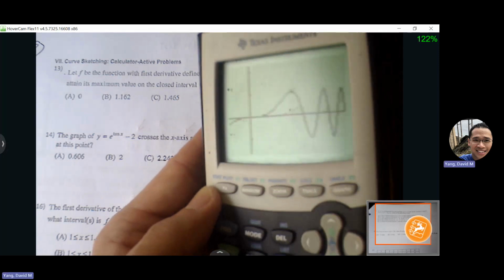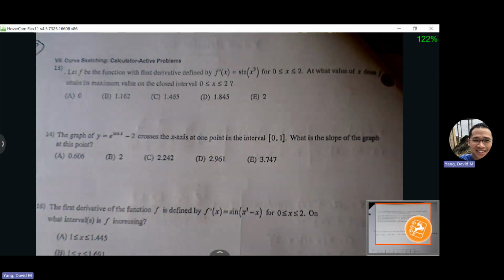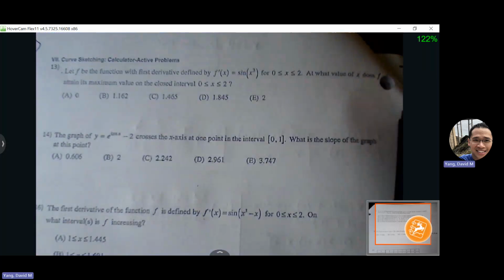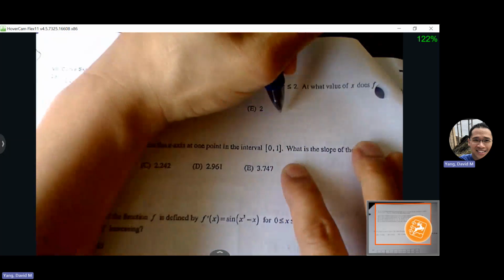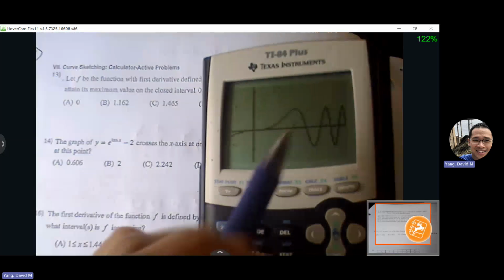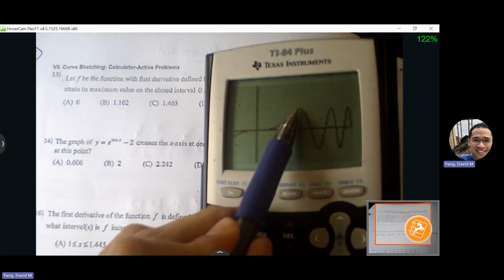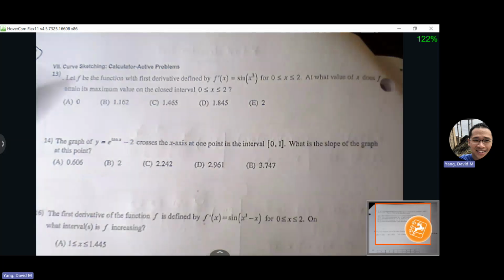Okay, so this is my derivative graph. So I want to just sketch my derivative graph and understand that we can't look at this and say, okay, my max is here, because this is not the original graph. This is the f prime.